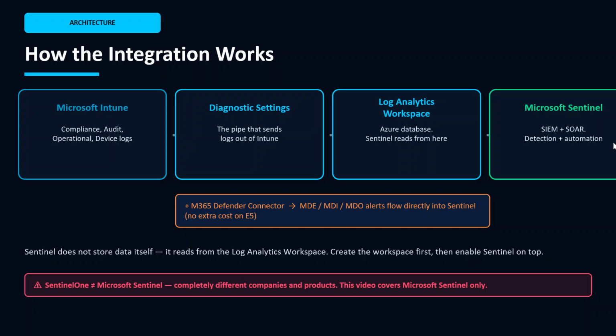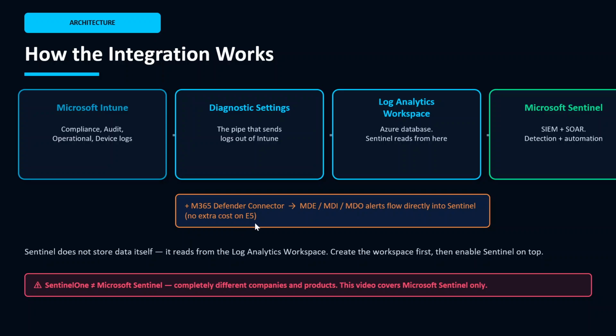Then the Microsoft Sentinel. Microsoft Sentinel is the SIEM and SOAR, which I explained, plus the detection and automation rules, plus the Microsoft 365 Defender connector: MDE, Microsoft Defender for Endpoint, Microsoft Defender for Identity, Microsoft Defender for Office. Alerts flow directly into Sentinel, no extra cost on E5.